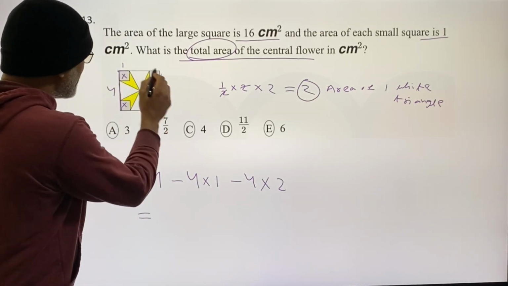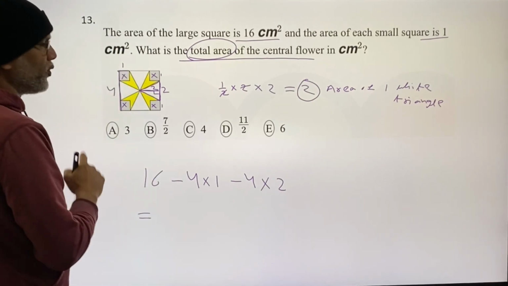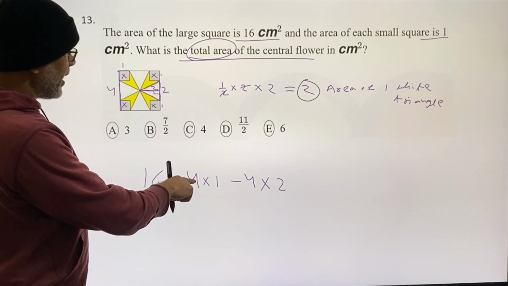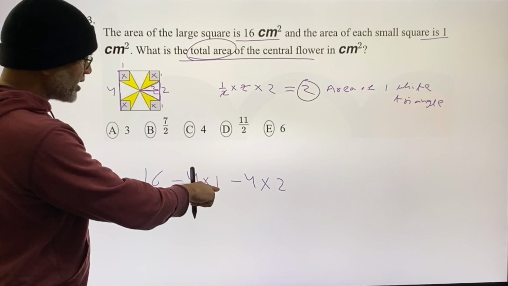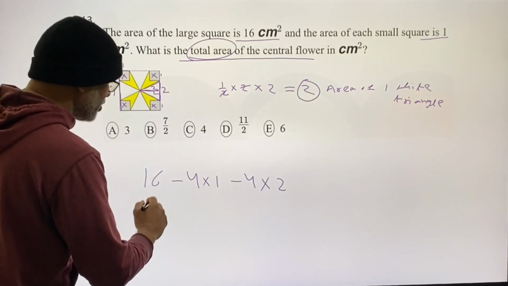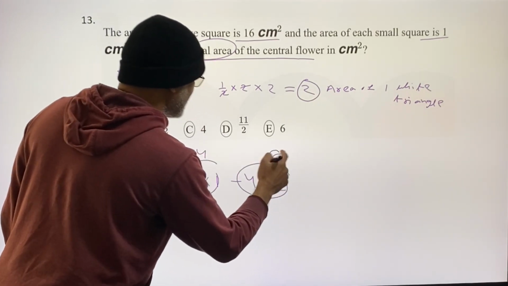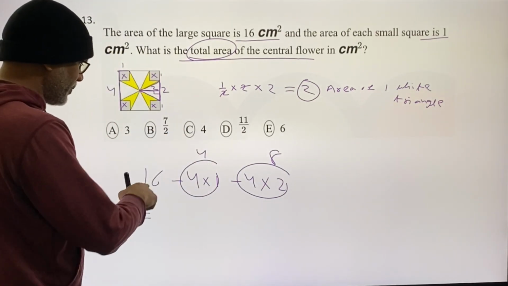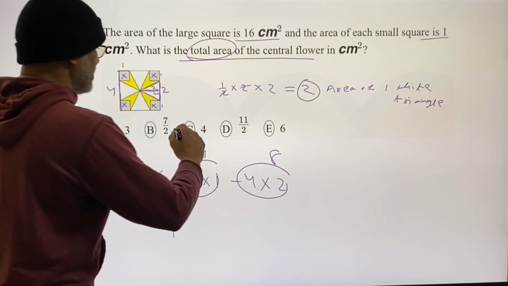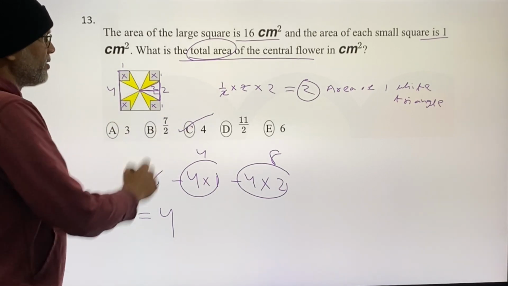The area of the bigger region is 16, not 4, right? It's 16. The side is 4, but the area is 16, right? The area of the small, and there are 4 small and each is 1, so this is correct. There are 4 white triangles and each is 2, so this is correct too. So this is 4, this is 8. 8 plus 4 is 12. If we take away 12 from 16, I end up with 4. Then the area of the flower is 4 centimeters square.